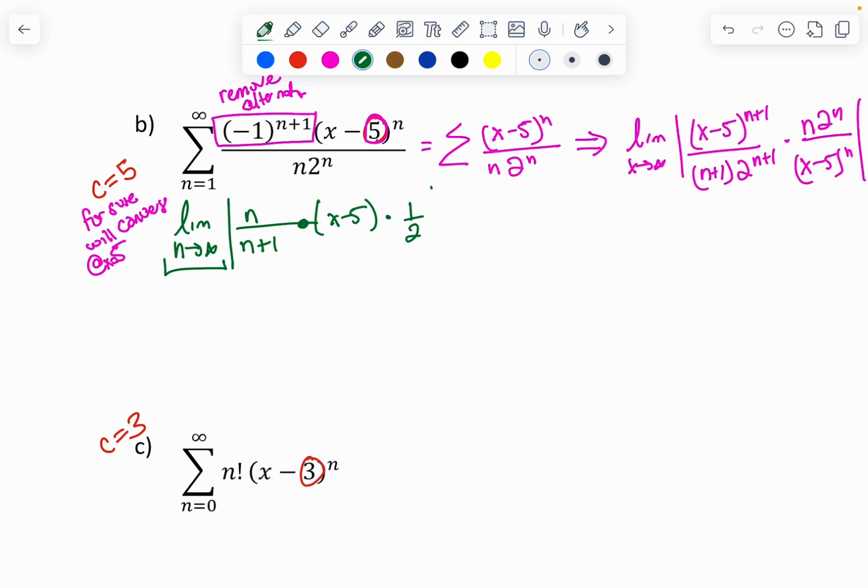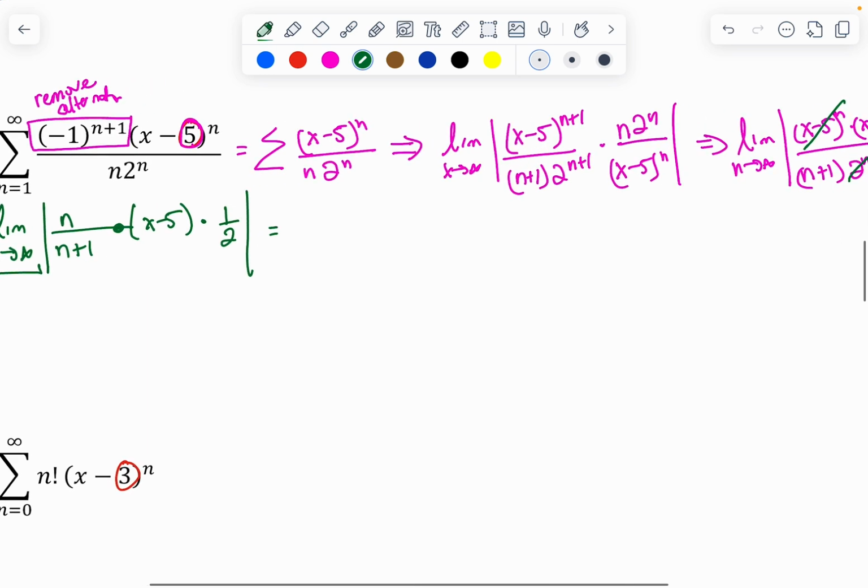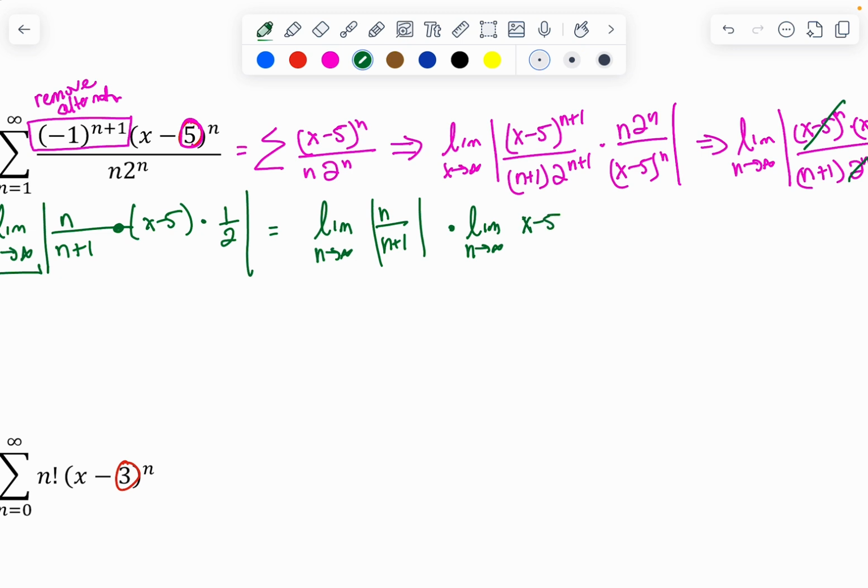And if you remember, when it comes to limit properties, I can break this thing up, right? I can do the limit as n approaches infinity of n over n plus 1, times x minus 5, times the limit as n approaches infinity of 1/2.